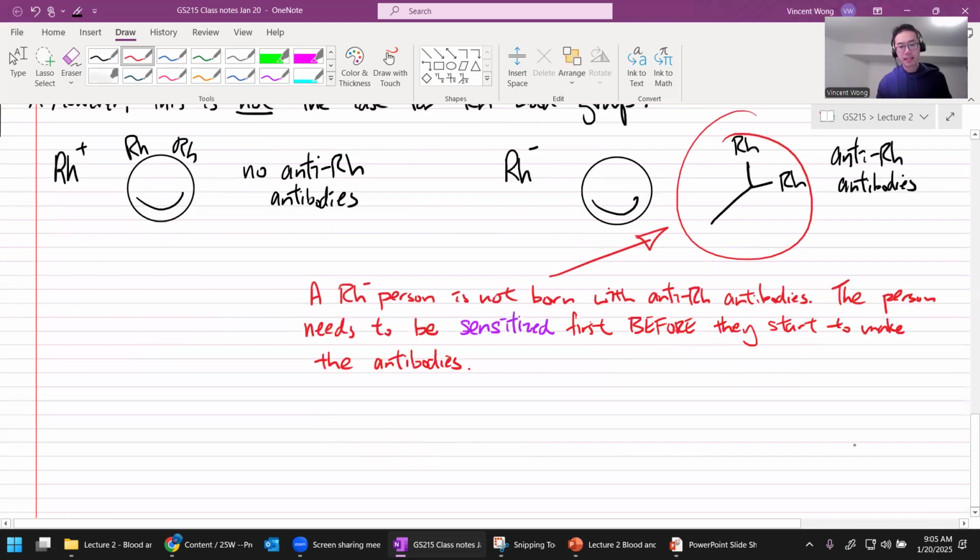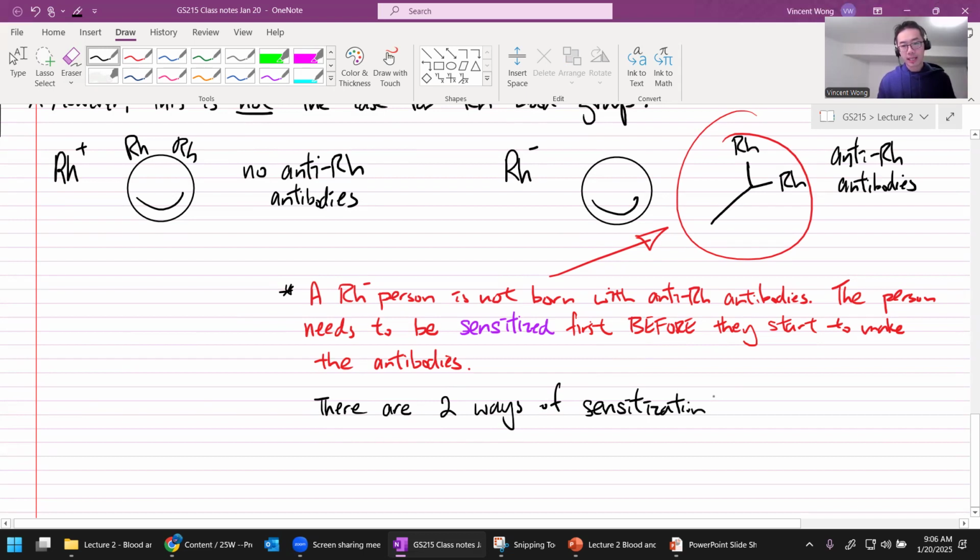And sensitized means exposed to positive blood. There are different ways of sensitization. There are two ways. Probably there are more, but I'm just gonna teach you two, okay?